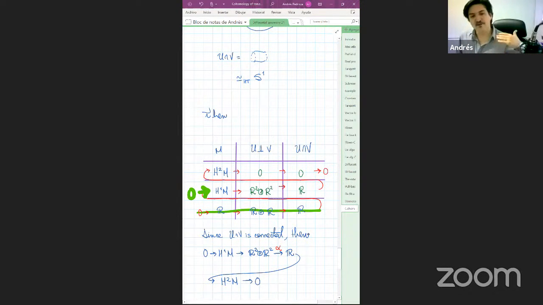So I can forget about the bottom row and start in degree 1. I don't know if you were referring to this.